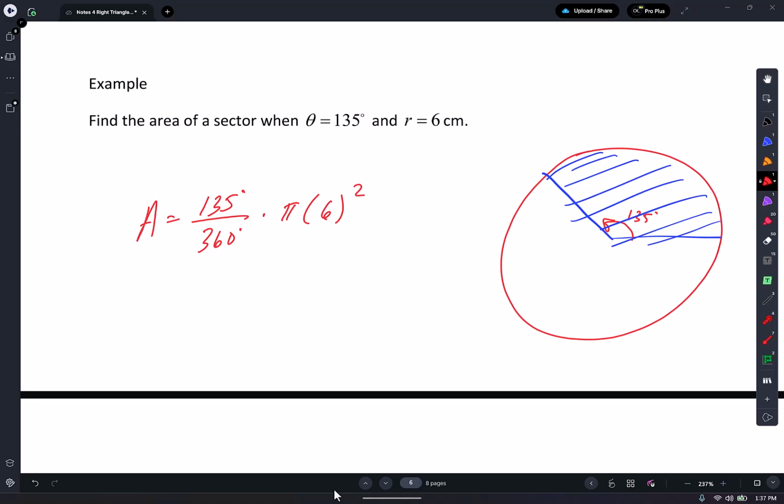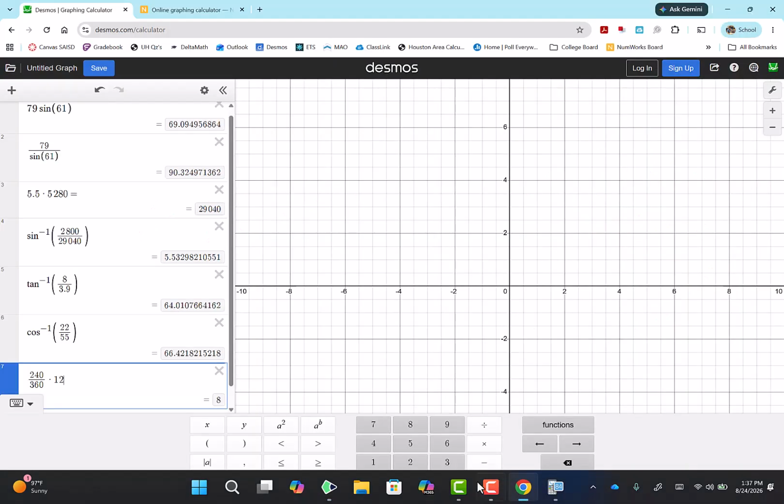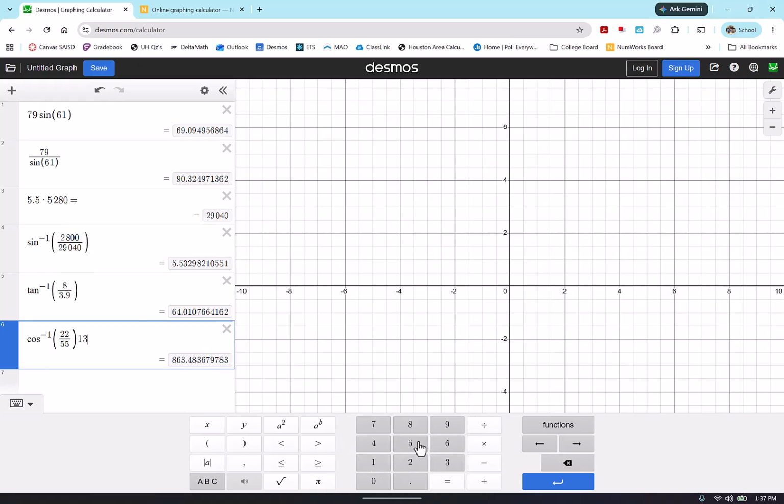There it is. This question is a very popular SAT question. Hopefully it's easy work for you guys. And then I'm just going to go 135 over 360.